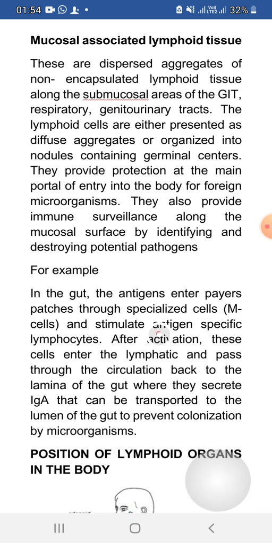Once they present it to B cells, they are activated and they get into the lymphatics and move into the blood and come back to the same wall, and then secrete the antibody IgA, which is transported into the lumen and kills microorganisms.